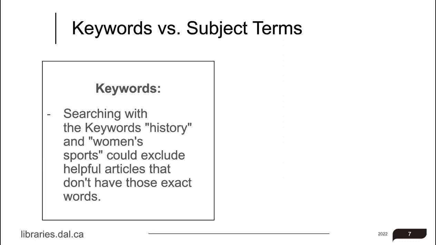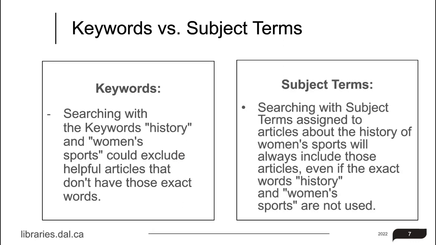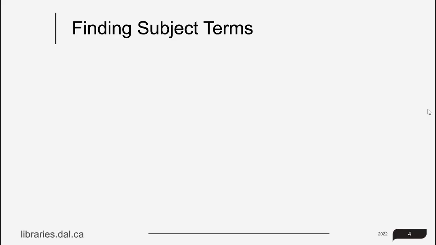However, if you're searching using the assigned subject term of women's sports, this is going to find all articles tagged by the database as being about women's sports, no matter what sport it's about or what terms the author has used in the article. Each database has its own list of subject terms, so it's important to use the database-specific terms to find the most accurate results.